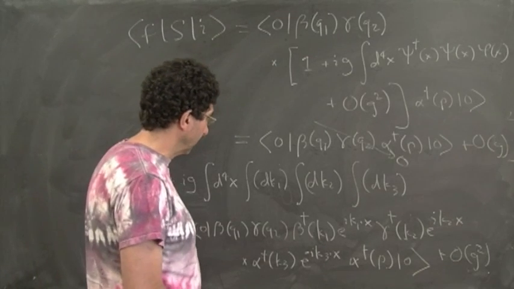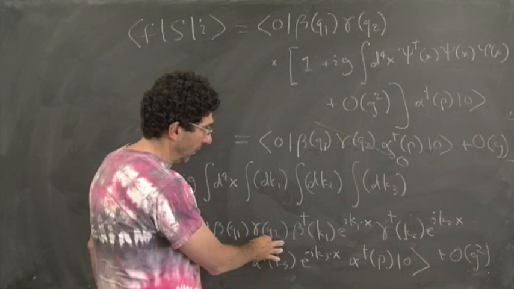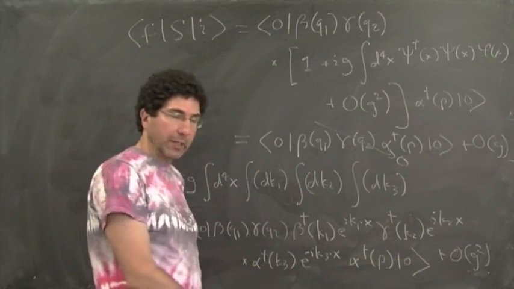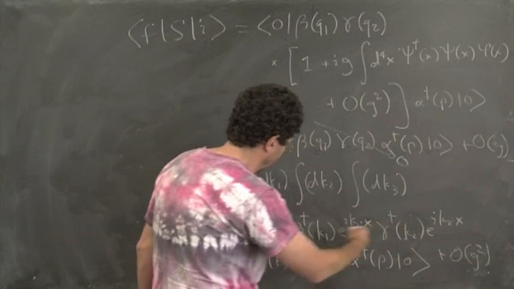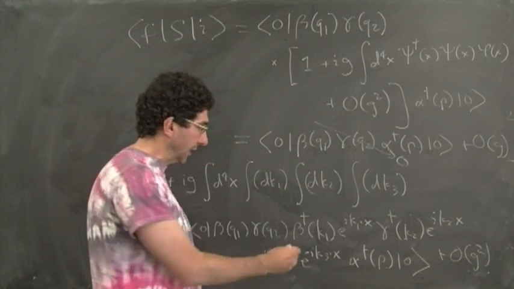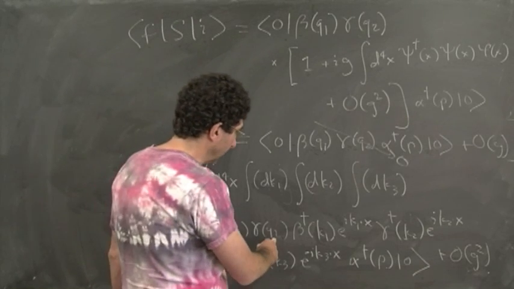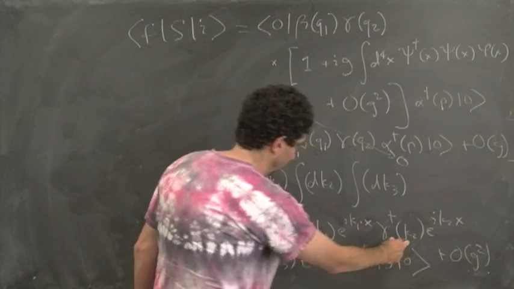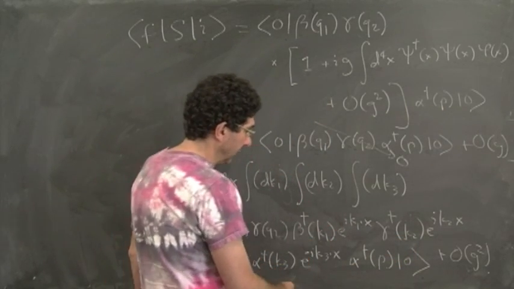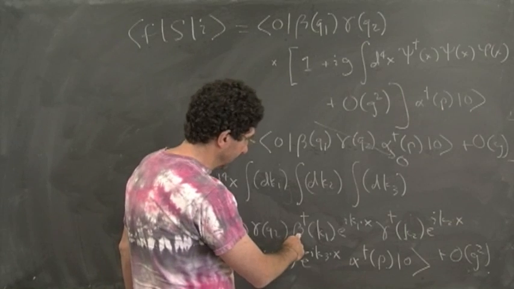What stops me from, for example, moving this gamma all the way over to where it hits this? Well, I can move it past the beta, but here I have to move it past the gamma. Moving it past the gamma means I get a term proportional to the commutator, but the commutator just gives me a delta function between Q2 and K2, right? Similarly, if I'm trying to get the beta over by here, I have to move it past this beta dagger.